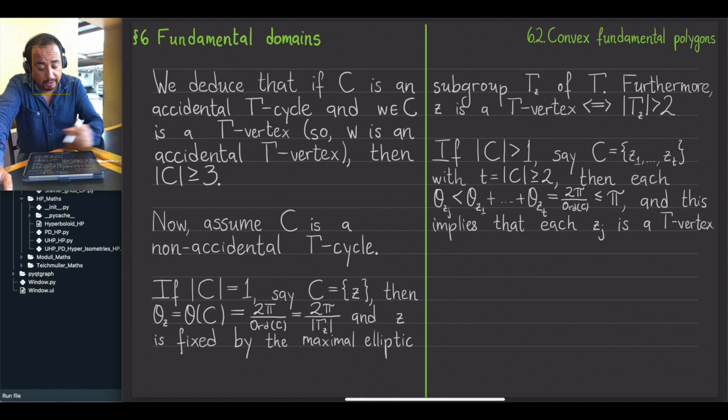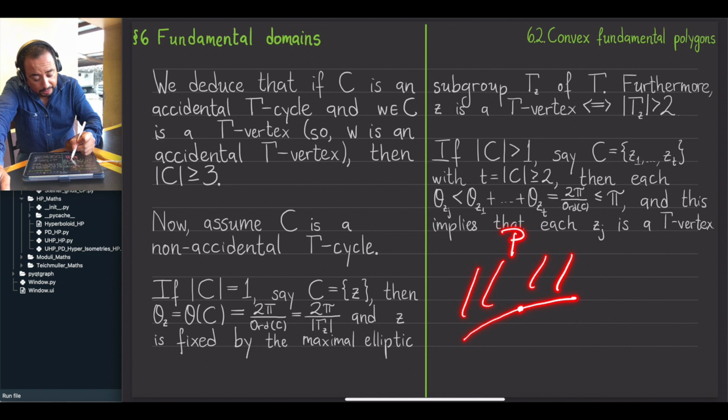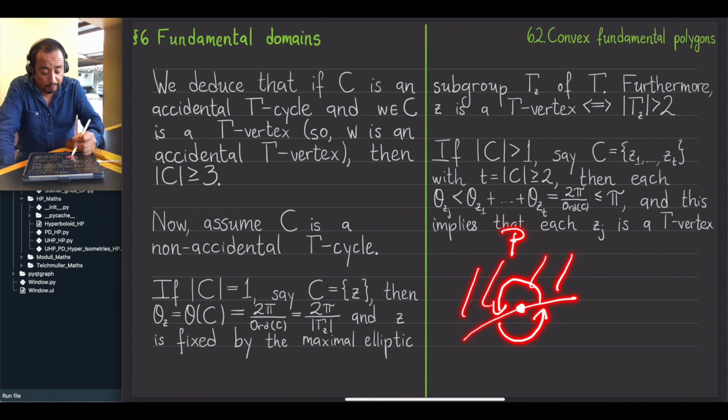And moreover, Z is a gamma vertex if and only if this stabilizer has at least 2 points, and this at least 3 points. Sorry, and this should be obvious. And notice here that when the stabilizer has 2 points, there is something special happening, because then here I have P, and the stabilizer has the identity and the elliptic rotation of 180 degrees, and those are the two elements of gamma.